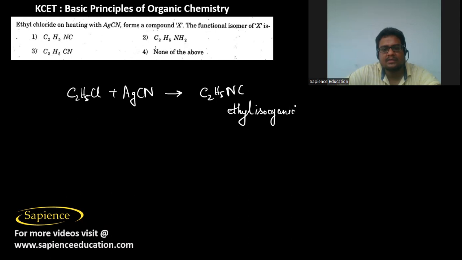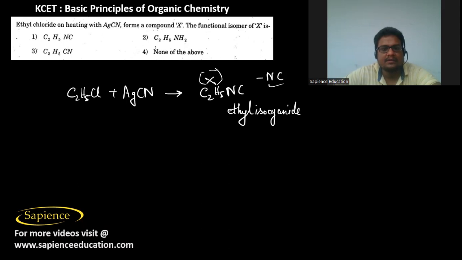Isocyanide means the carbon chain is linked with nitrogen, which is the NC. NC is called the isocyanide group. So ethyl isocyanide will be formed, which is X.